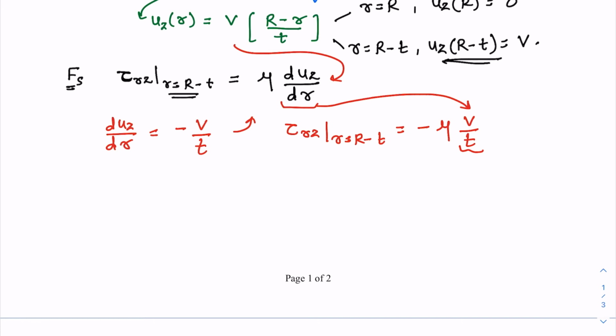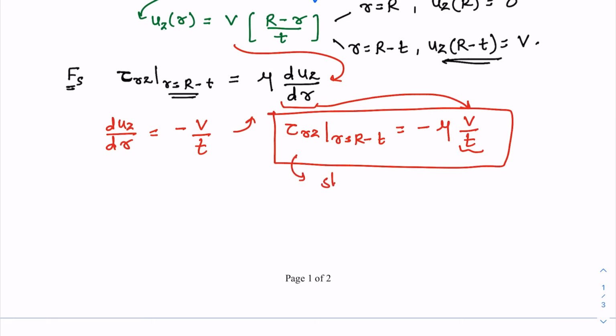So this is the expression for the shear stress on a fluid element in the oil film.